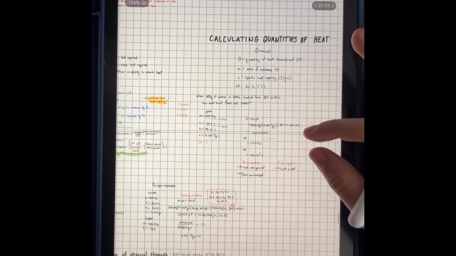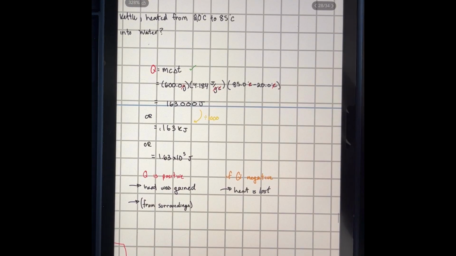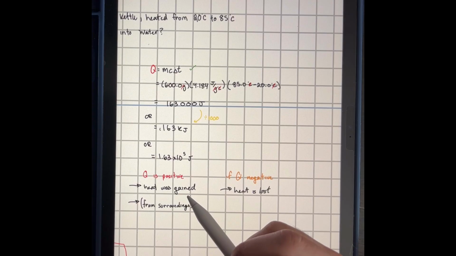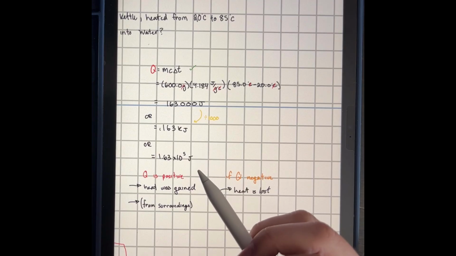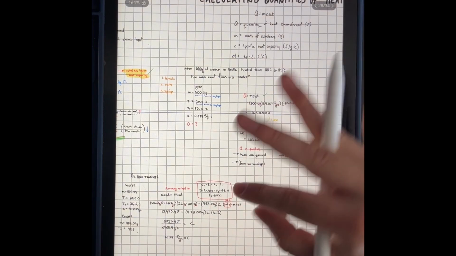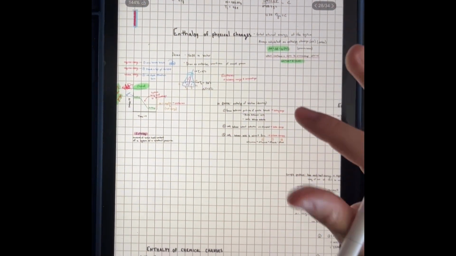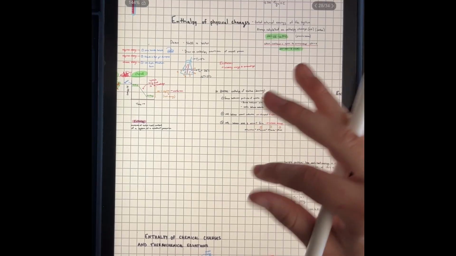Yeah, this would not be exothermic. Well, if heat is gained from the surroundings, then it should be. Okay, I don't know. This note is confusing. It's been quite a while since I've looked at these notes, but okay.